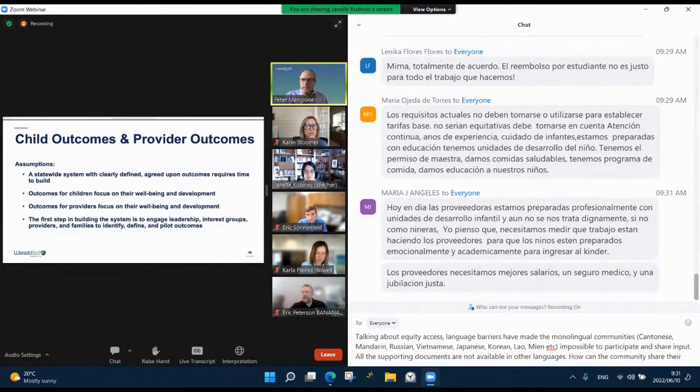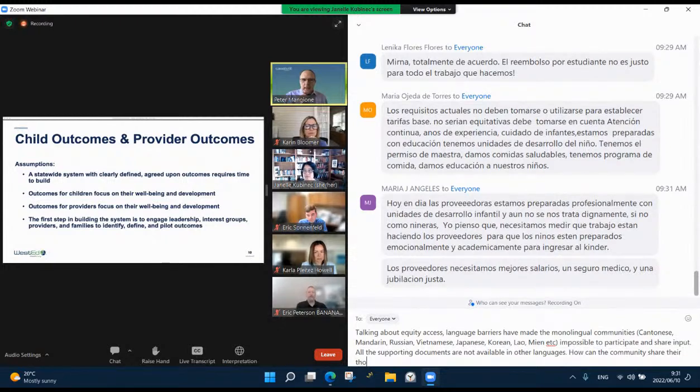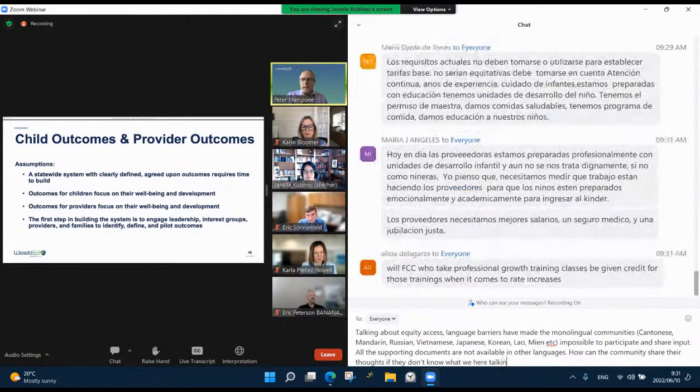The second assumption is that we want to focus on the well-being of children and their development. So we want to focus on what the outcomes are for the children right now in their experience, and how we can think about longer term outcomes for children. So it's both parts.